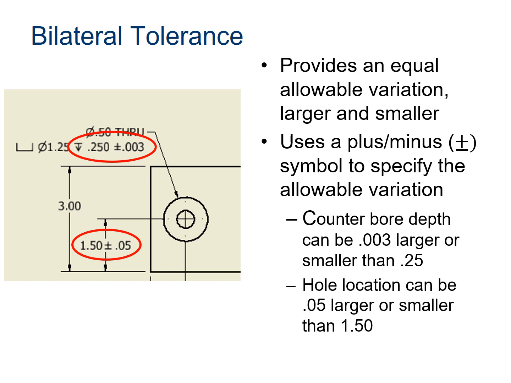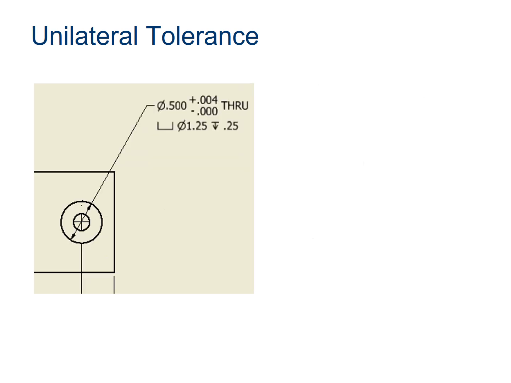So the counterbore depth on that particular hole there is going to be 0.003 larger or smaller than 0.25, and that whole location, if you notice there, can be 0.05 larger or smaller than 1.5. So it could be 1.55 on the up end or 1.45 on the bottom end.